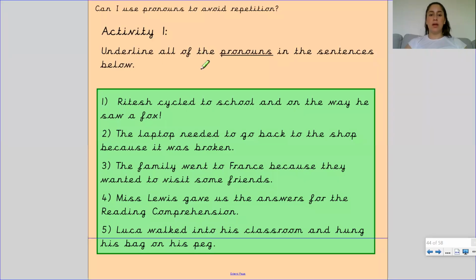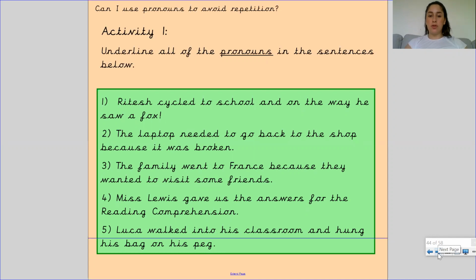So here you need to underline all of the pronouns in the sentences below. For a lot of you, if it's too much writing, you can number the sentences and just write down which pronoun you spot in the sentence.